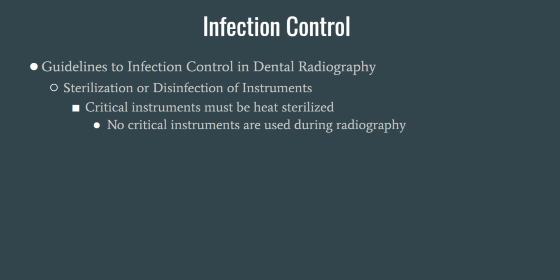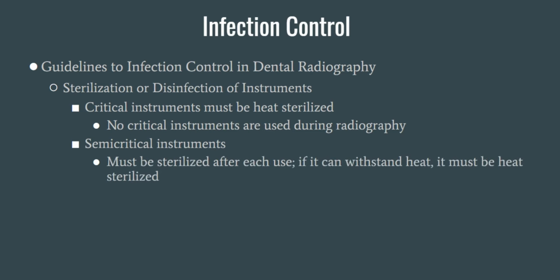The next category are semi-critical instruments. These are instruments that have come in contact but have not penetrated soft tissue or bone. So they should be sterilized after each use. If it can withstand heat, great. It should be heat sterilized.